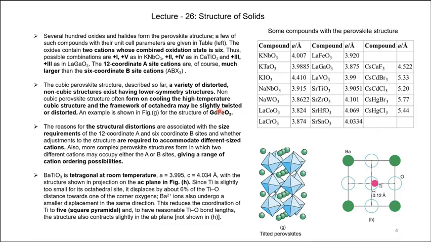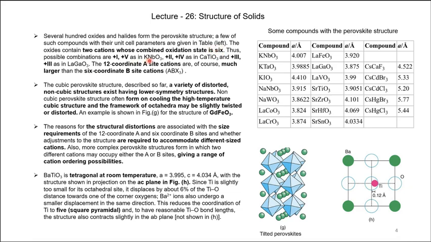Hundreds and hundreds of compounds of oxides and halides can be seen as perovskite structure. The two cation oxidation states should total 6.